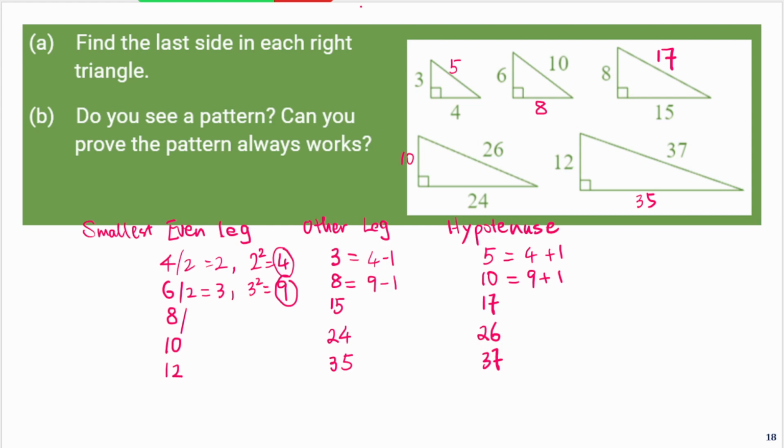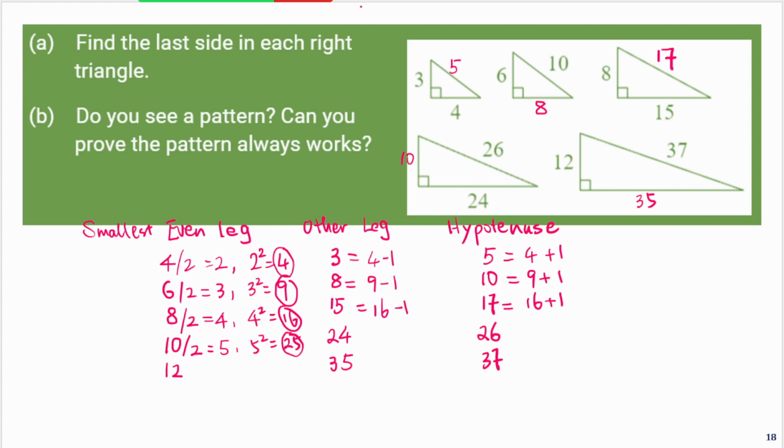For the third right triangle, 8 over 2 is 4. 4 squared is 16. And then we use this number here. The other leg is just 16 minus 1. The hypotenuse is 16 plus 1, right? So next one, 10 over 2 is 5. 5 squared is 25.